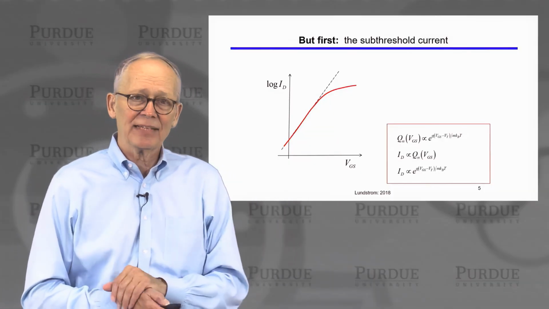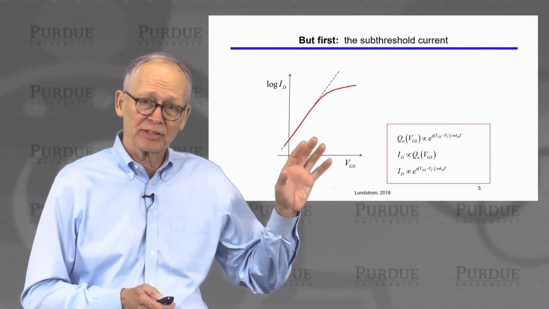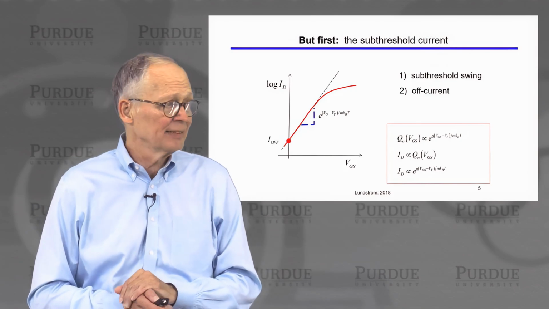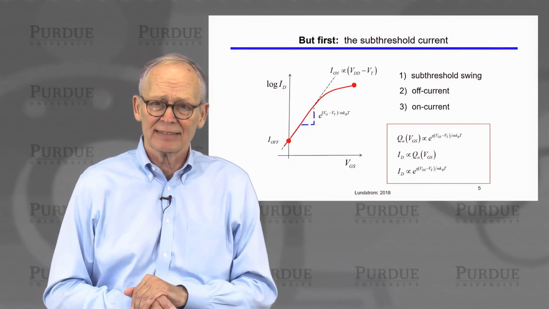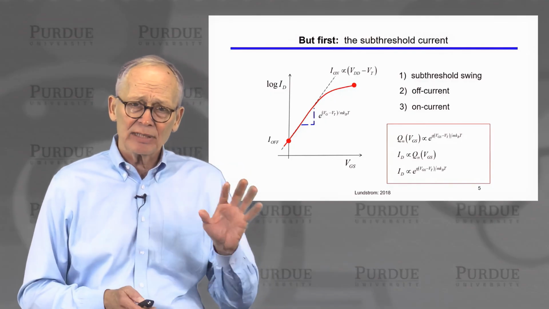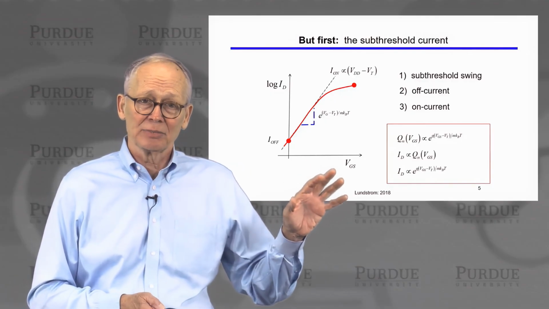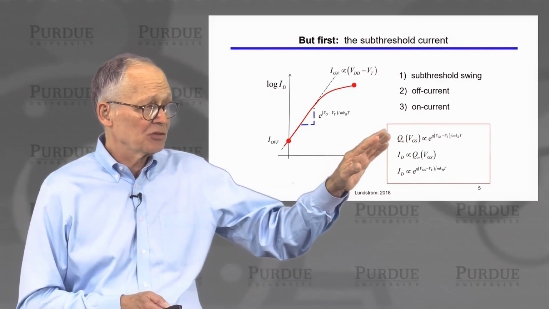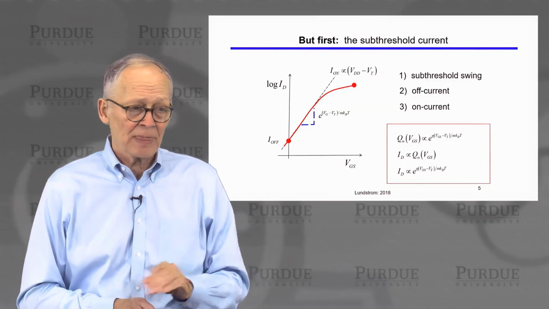We're familiar with these IV characteristics in subthreshold, how we plot the transfer characteristics on a log plot. We know what subthreshold swing means. We know what the off current is. We know what the on current is. Now, if we look in the subthreshold regime, which we could not treat in our earlier model because we assumed there was no charge in subthreshold, we now know that there is charge there, and it goes exponentially with gate voltage.